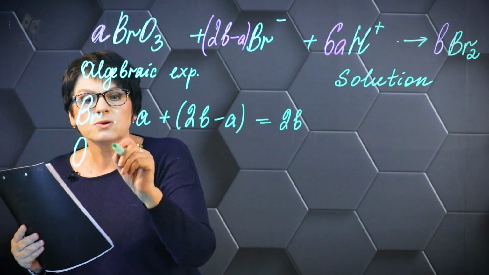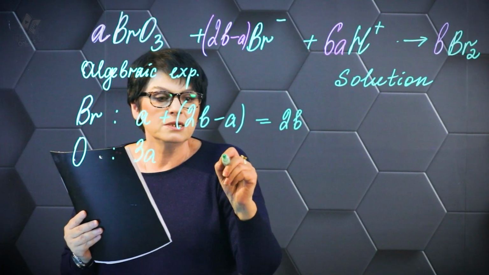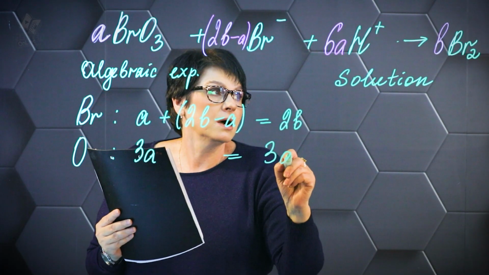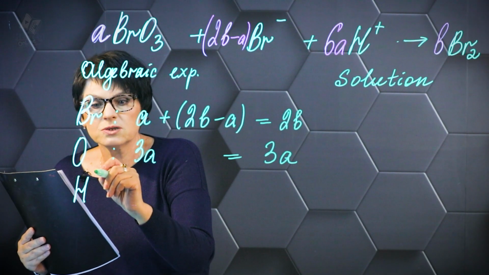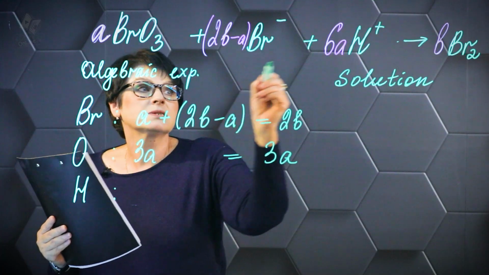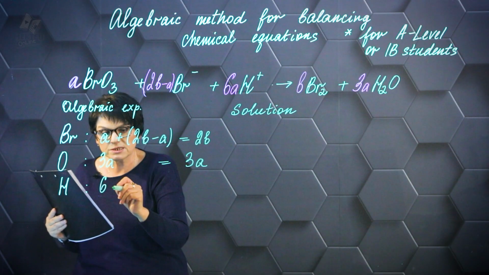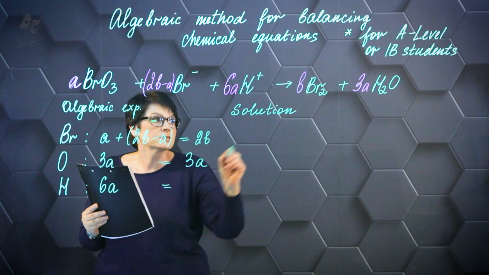Now oxygen. Oxygen on the left-hand side we have 3A, and on the right-hand side we have 3A as well. And hydrogen, which we get as an ion, so on the left side we have 6A, and on the right side we get 6A as well.